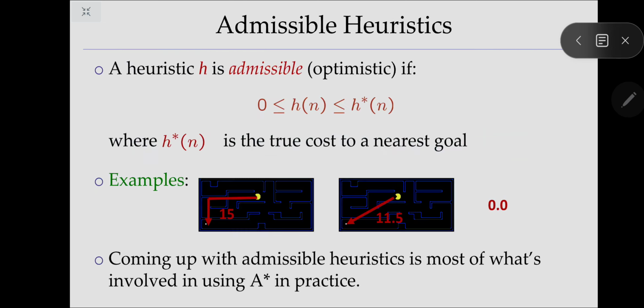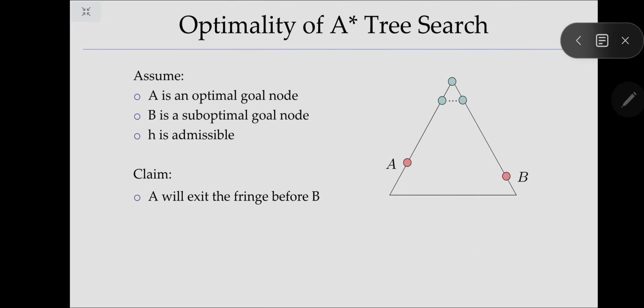We come back. When I say B is a suboptimal goal node, the cost of g and the cost of f are greater than the cost of g and f for the optimal solution, that is A. And also assume that h is admissible.